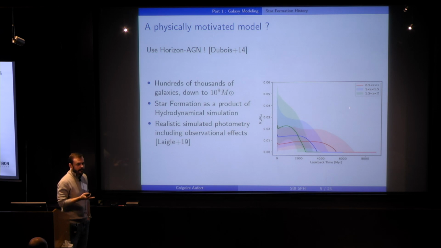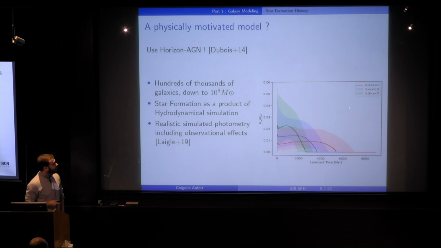The star formation history is then the product of the hydrodynamical simulation, and the other part of the heavy lifting is getting the galaxy photometry, which has been done by Clotilde L'Aigle. So the big part of the pipeline Lucia was talking about yesterday has already been done. I'm doing the end of maths part, i.e. the inference.